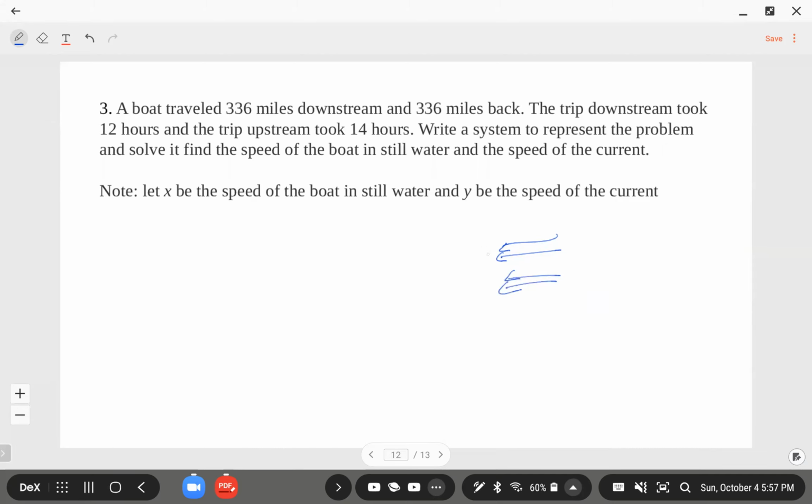Okay, so let's say this dot is you. You're going downstream, the current is pushing you, okay?